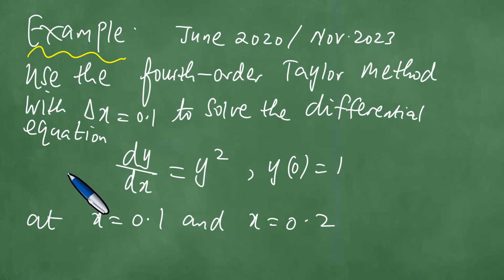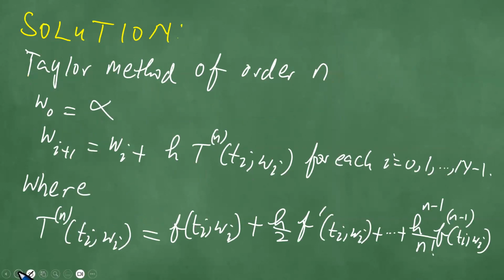Let me explain that now. If it is fourth order, it means n is 4, because it's a Taylor method of order 4. In this question it is order 4 in the exam, so n is 4.